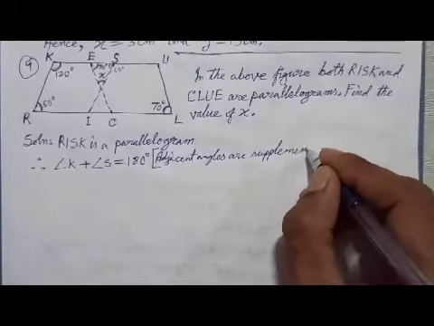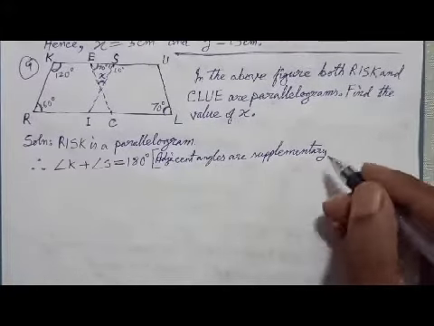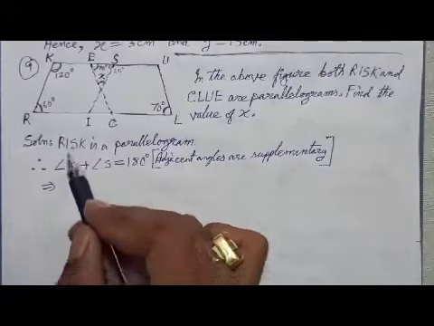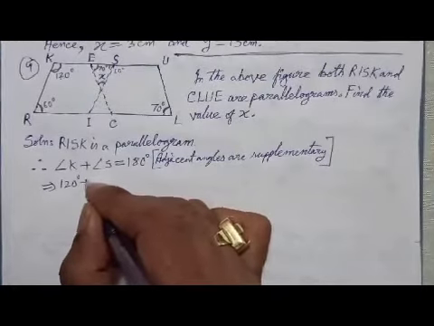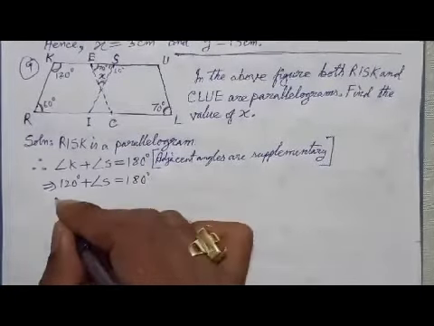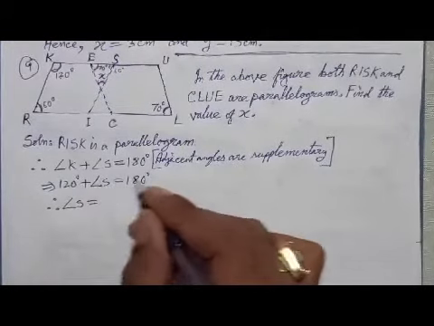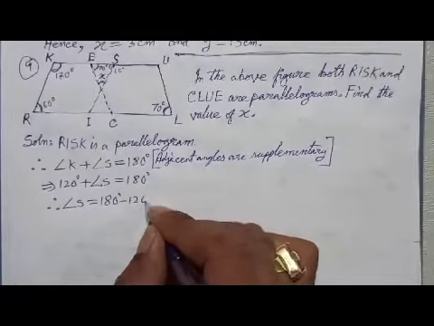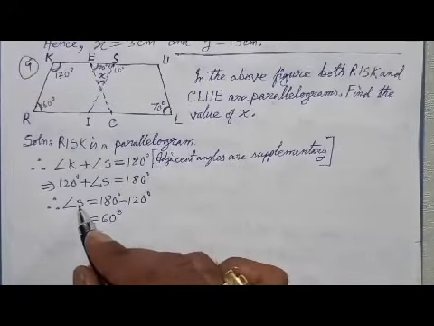Supplementary means the total angle is 180 degree. This implies that angle K, it is given, that is 120 degree, plus angle S is equal to 180 degree. Therefore, angle S is equal to 180, 120 is transposing to the other side with a minus sign. 180 minus 120 degree, if we subtract, we are getting 60 degree. Here angle S is 60 degree.